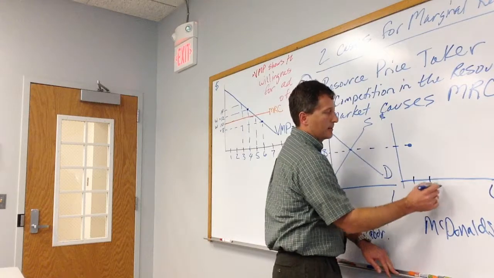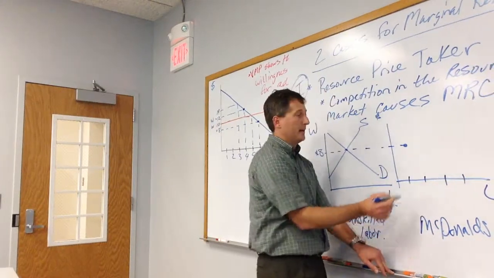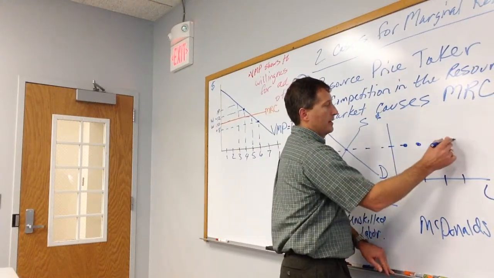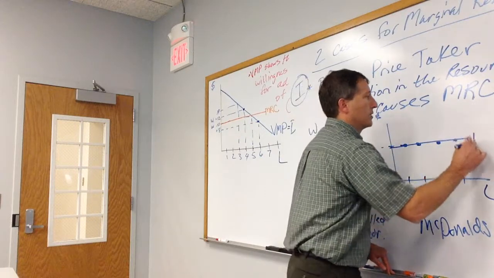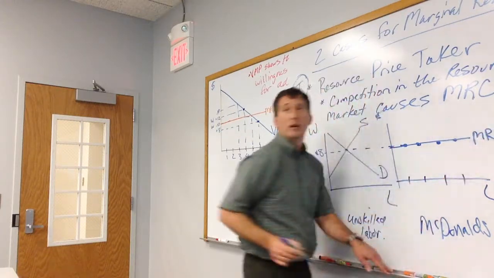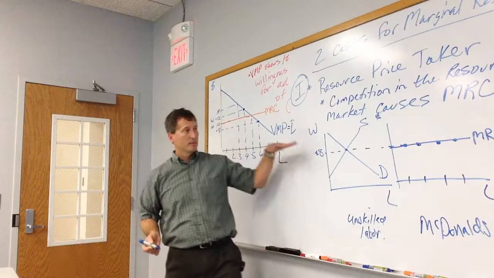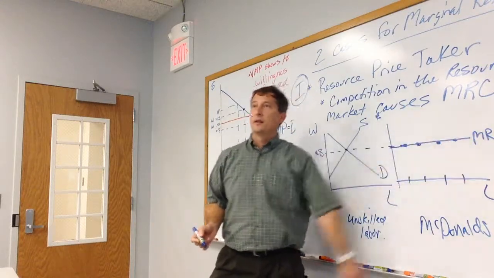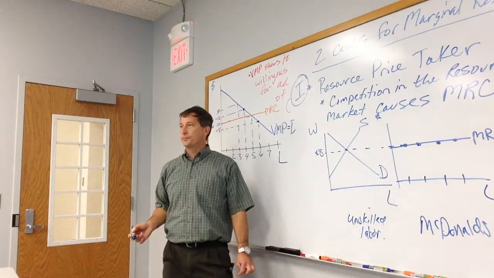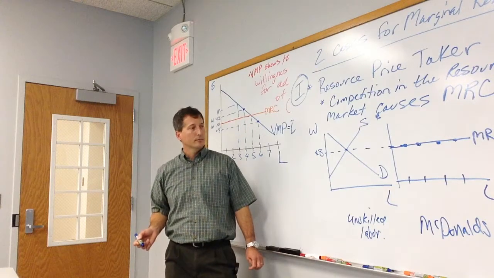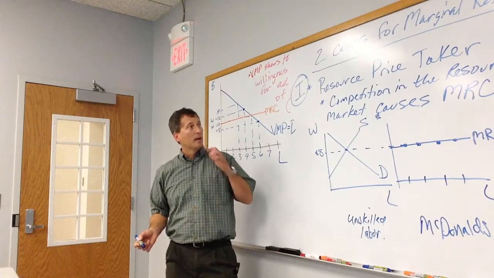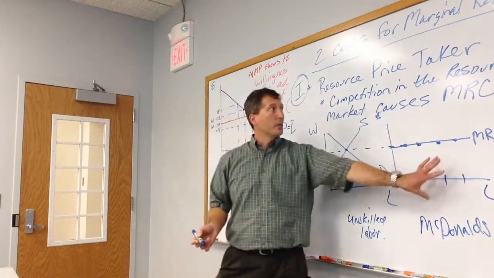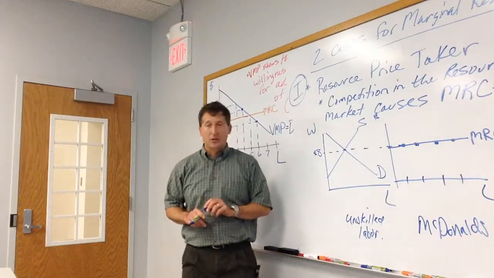If they want 6 people, if they want 9, if they want 10, $8, $8, $8. The marginal resource cost curve is perfectly elastic. And so McDonald's is a resource price taker.